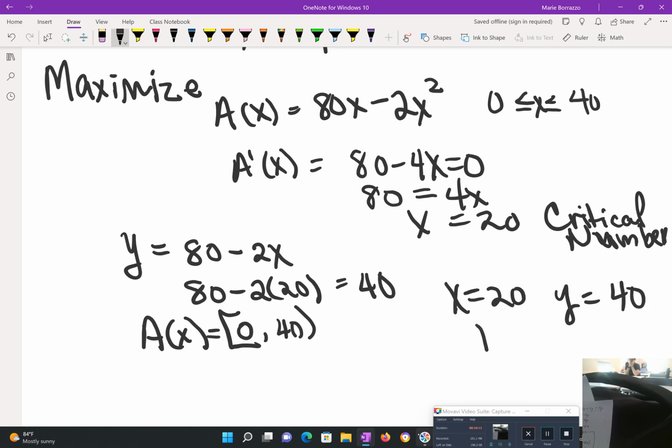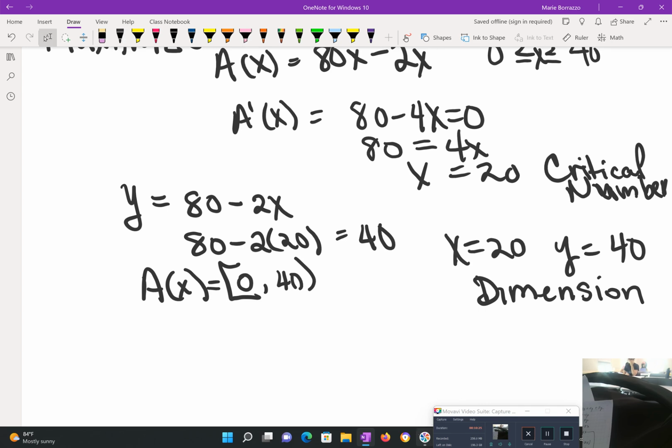So this is your dimension for your rectangular area. Which, if we multiply it, gives a maximum area of 800. So max area as a product, 20 times 40 will give us 800 square feet. And obviously we'll have one side of 20-foot fencing.